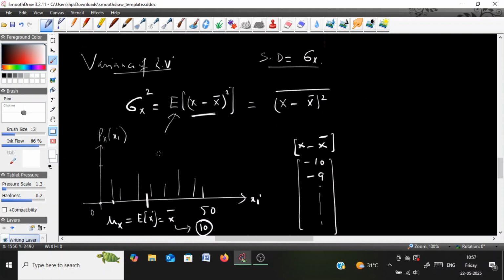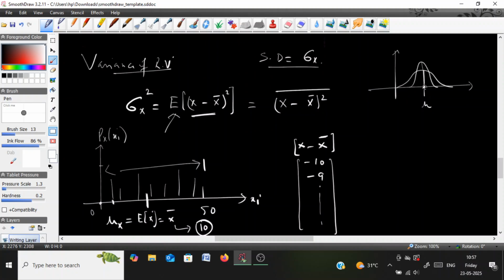In fact, the variance of the random variable is a parameter which describes the spread of the probability density function. Suppose I take two random variables, one with a PDF like this, and this is the mean value, which is the center of this PDF, and another random variable which has a PDF like this.